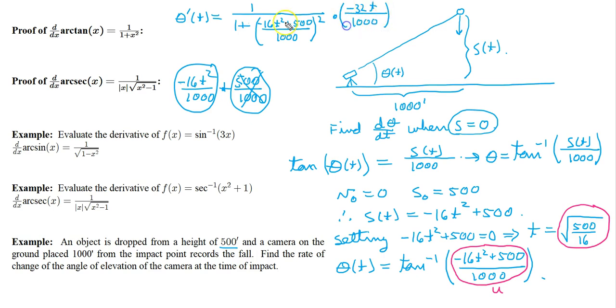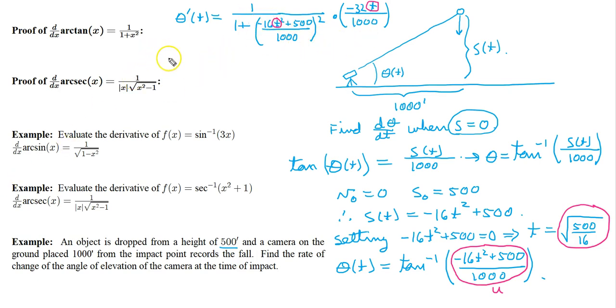And there we go. So there is theta prime of t right here. Now what we need to do is put this number right here in place of all the t's here, right here, and right here, and then just calculate that number out.